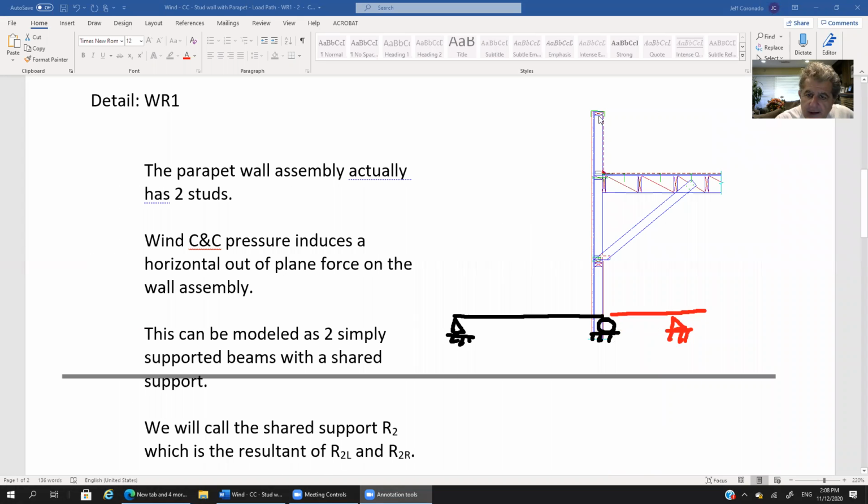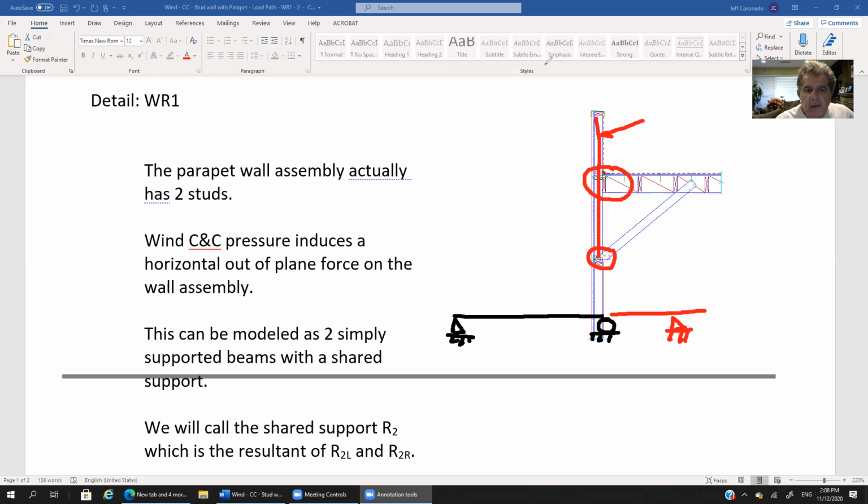So that second element is supported right here, and it's supported here at the roof with the roof framing. So that's where the supports will be for this parapet stud. So we got a support at the end, and we got a support somewhere along the length of that stud element, which is right here.